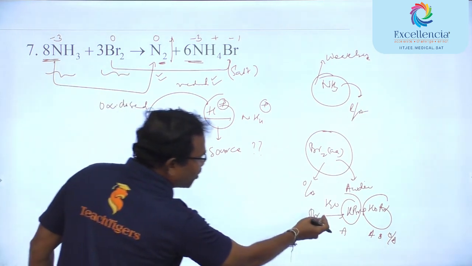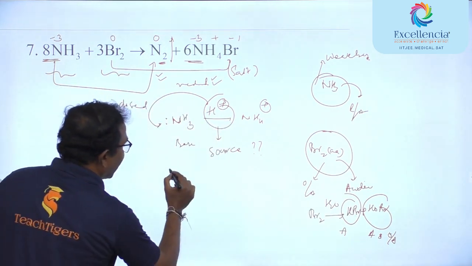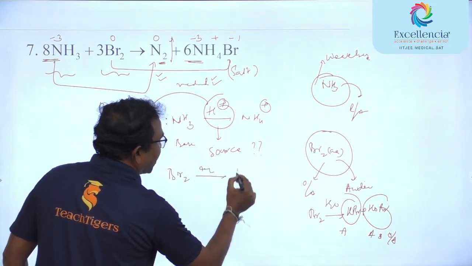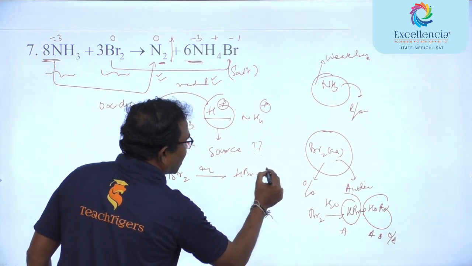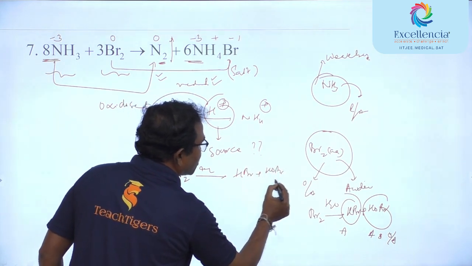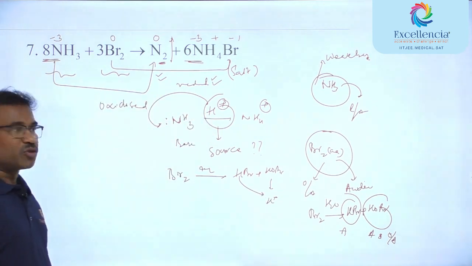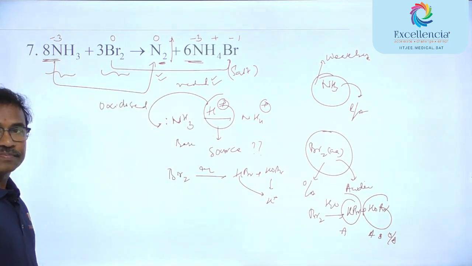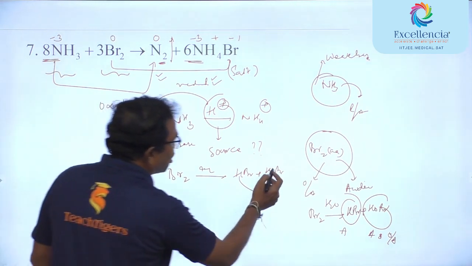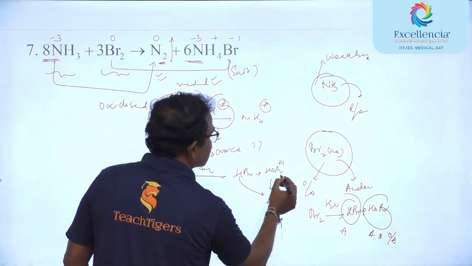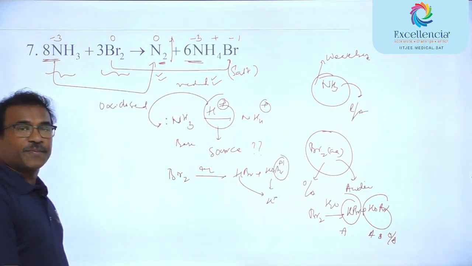How? I told you, bromine aqueous can have HBr and HOBr. So this is a source of H plus. This also is a source of H plus, both. And here in HOBr, definitely Br is +1.